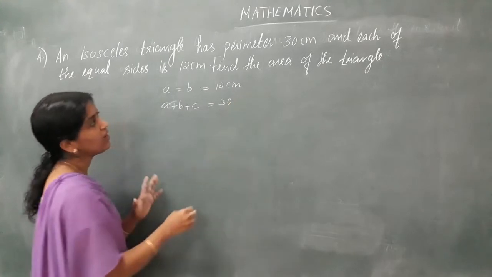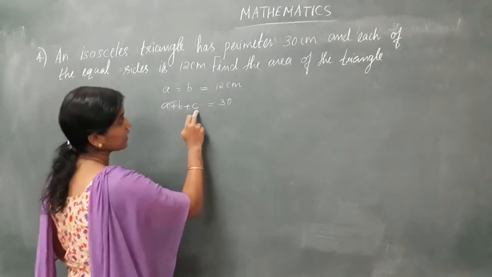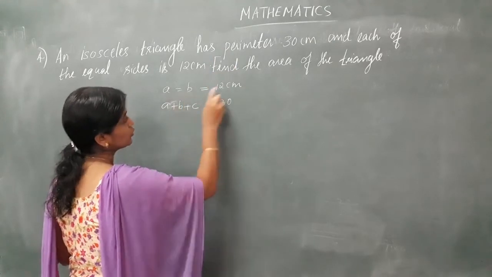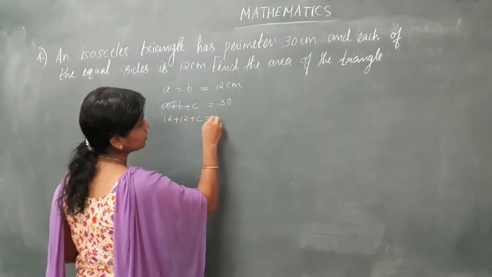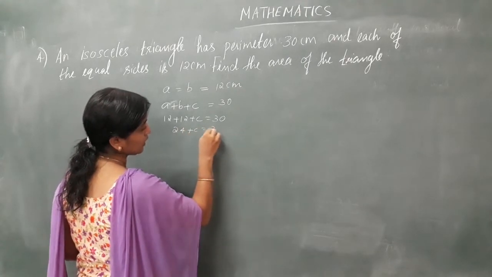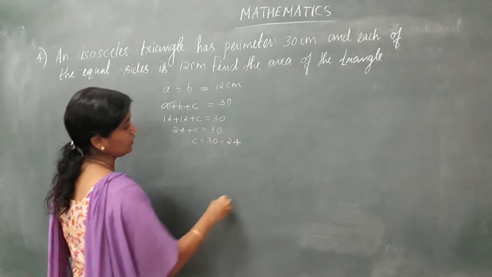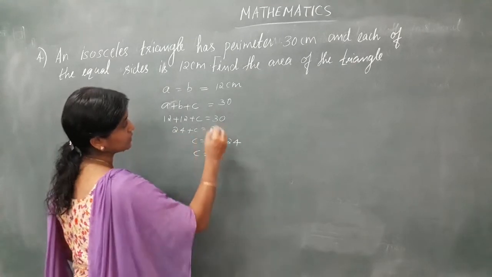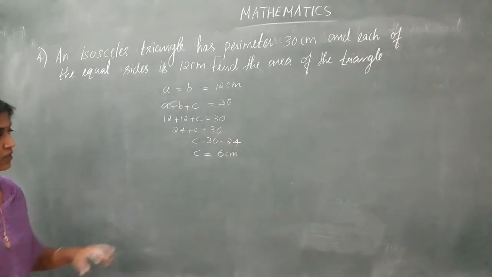To find the area, I need all the three, A, B and C. So perimeter is given, and from that I am going to find C. A equal to B is equal to 12, so I will get 12 plus 12 plus C is equal to 30, which means 24 plus C is equal to 30. I will get C is equal to 30 minus 24. So C is equal to, transposing 24, you will get 6. It is 6 centimeter. Clear? So I got C.